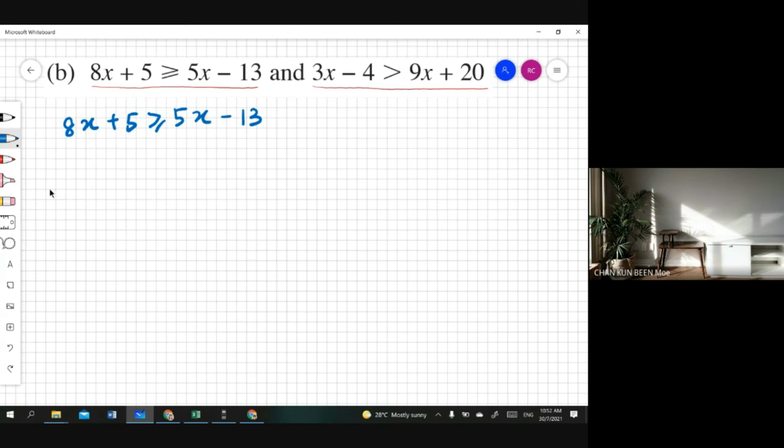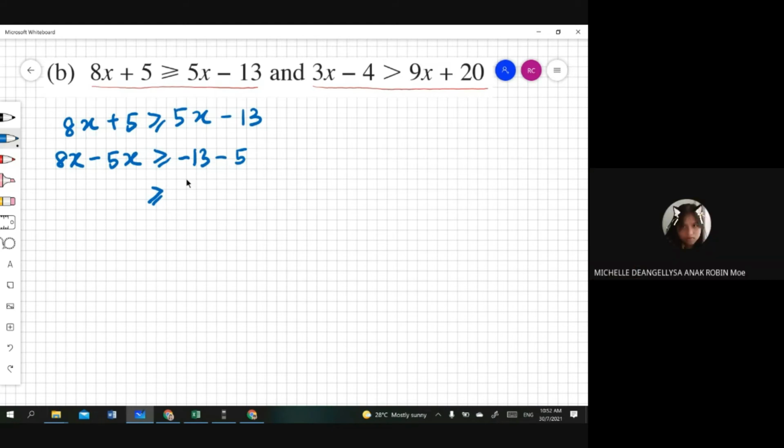Which means this will be 8x minus 5x greater than or equal to, copy down whatever is left over. You see, I bring the 5x to the left already. I have left over of negative 13. And then positive 5, I send to the back, becomes negative 5. So can you tell me negative 13 minus 5, how much is it? Negative 18.